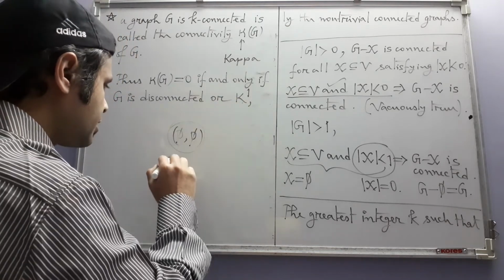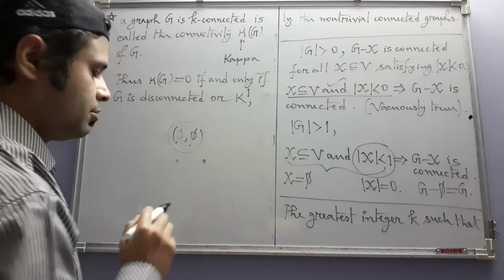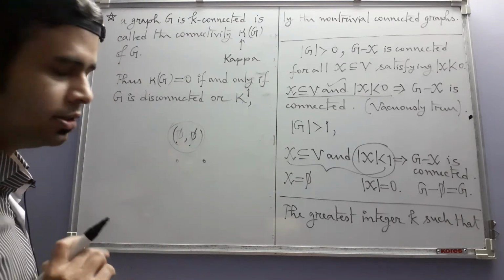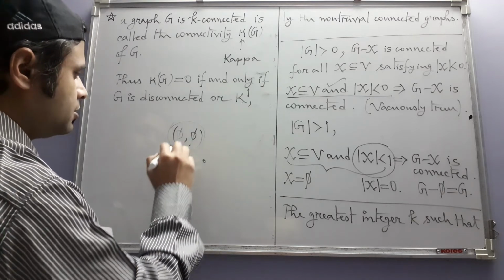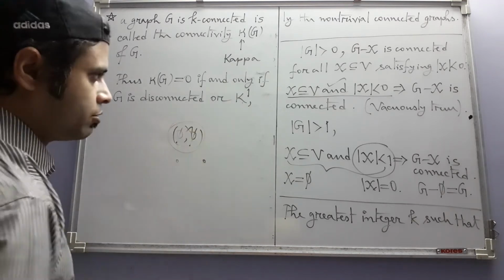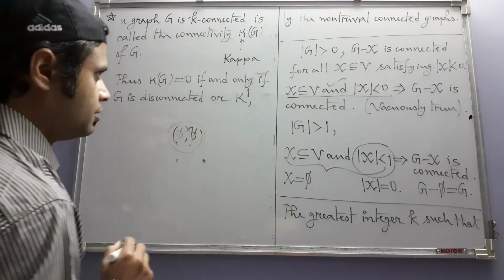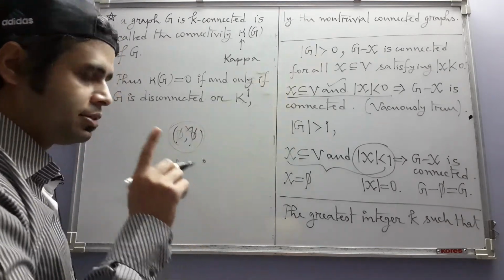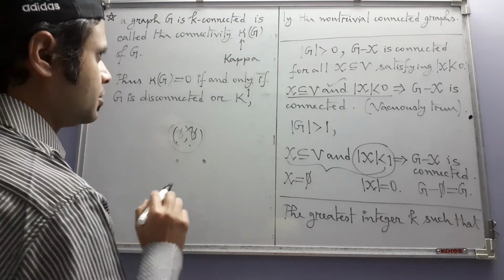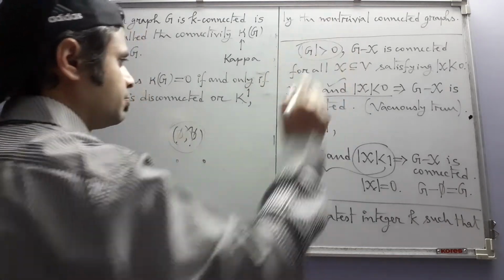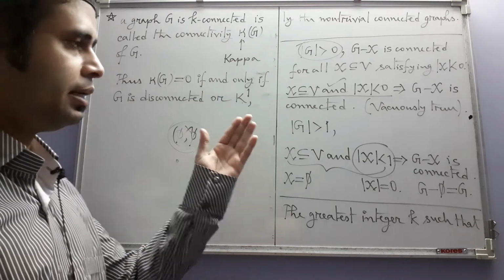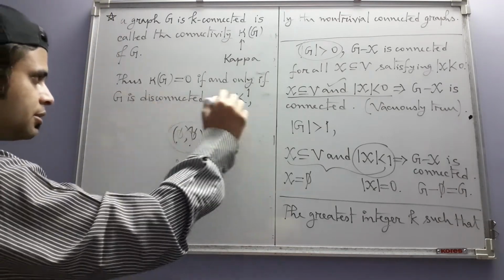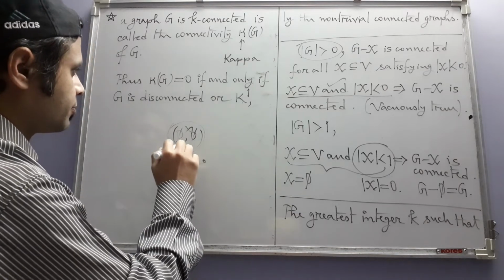If G is disconnected, then it should have at least two vertices which are not linked by any path in G. So that means the empty graph is ruled out. Which means that G should have at least one vertex. So that means this is true. And we have already seen that any non-empty graph is zero connected. So that means our G is zero connected.